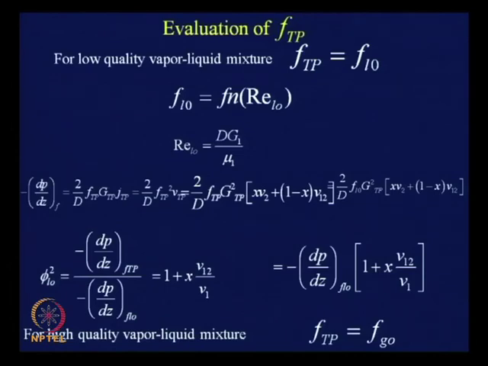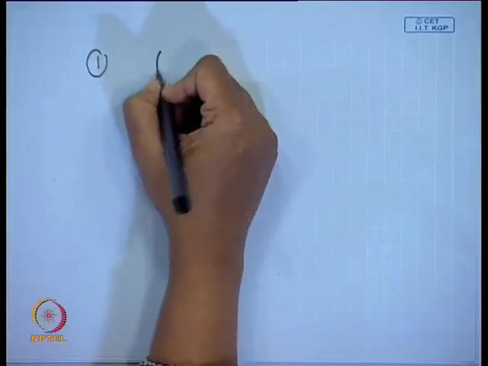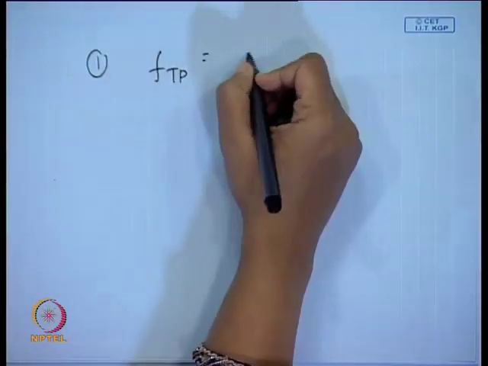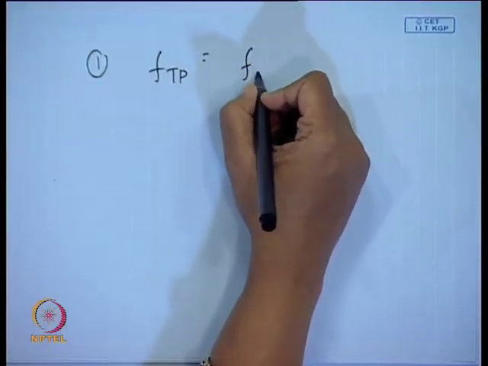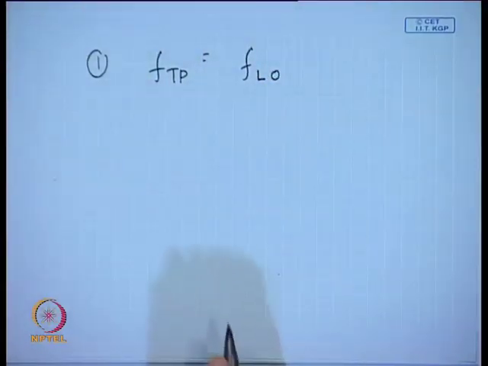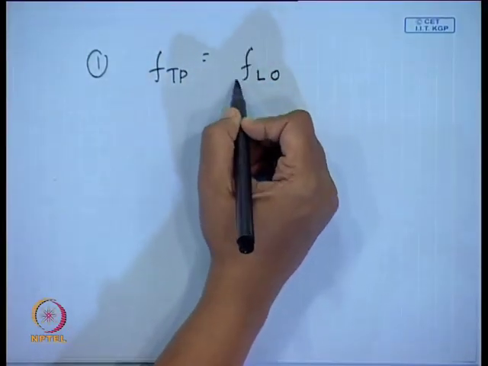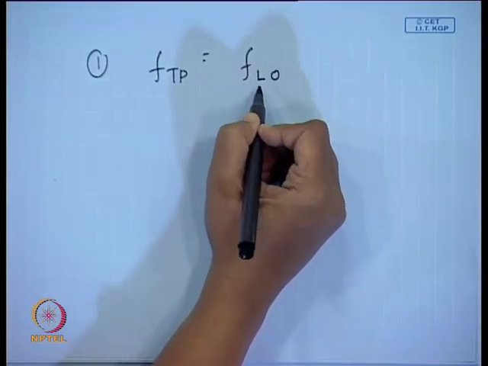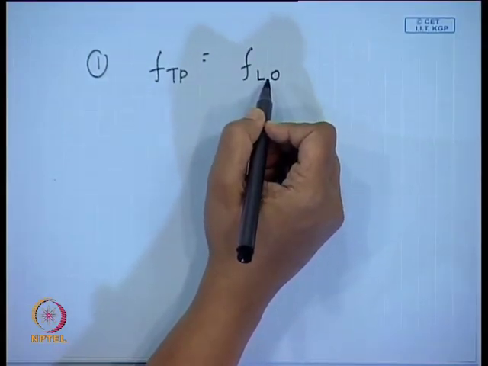That means vapor is in a very small amount. Under that circumstance, I can write here FTP is equal to FLO. What is this LO? This means the friction factor when liquid only flows through the pipe.